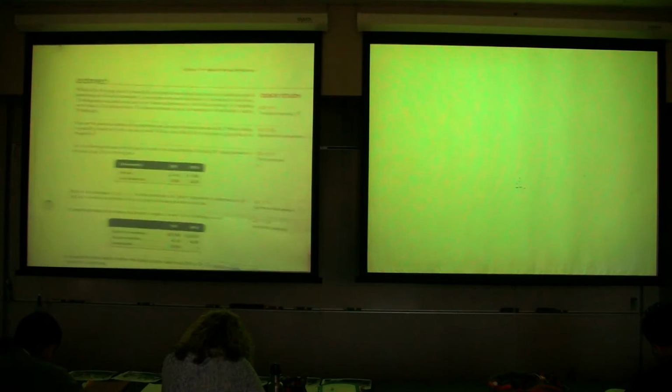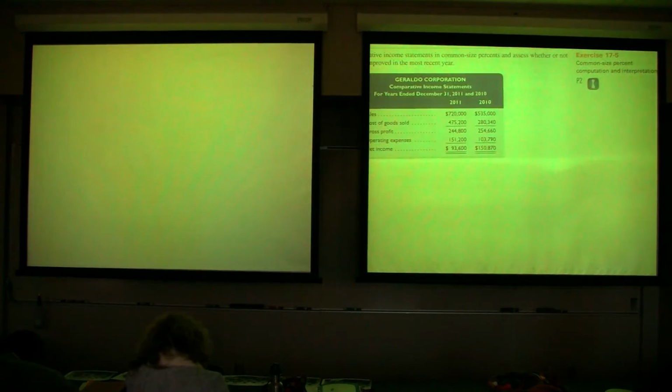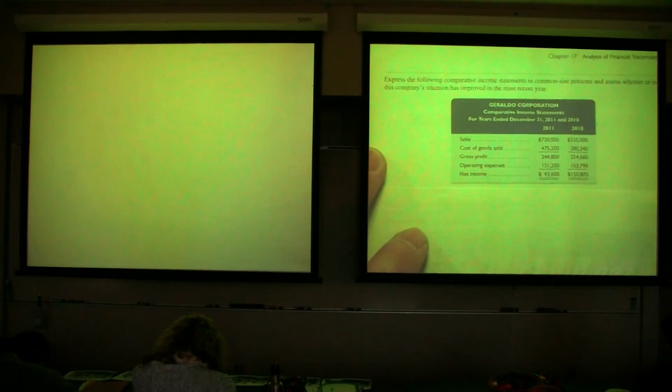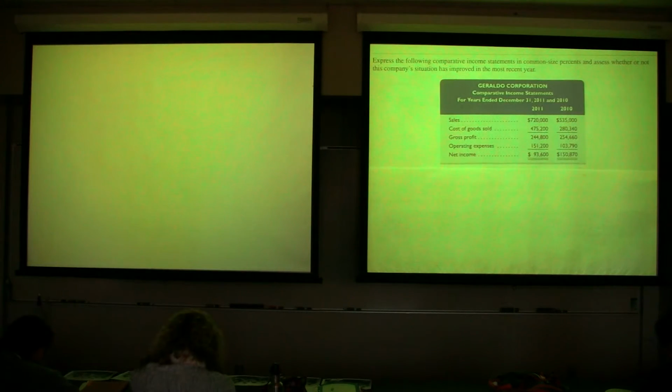Exercise 17.5, right here. So here's how it reads: express the following as comparative income and common size elements.